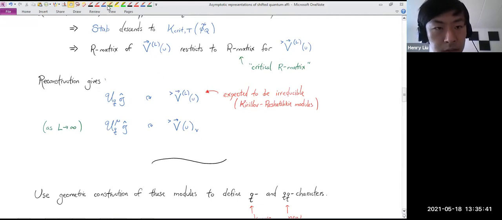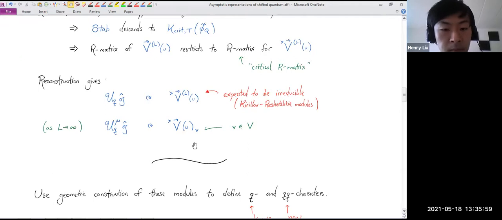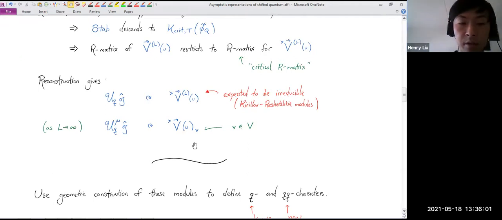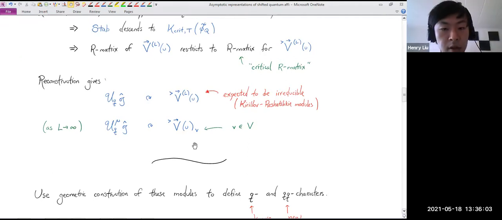Here I should say v, small v, is a choice of element inside big V. So your infinite descending flags will be eventually small v. That's this module here. Okay, so that's essentially how the whole geometric story goes.